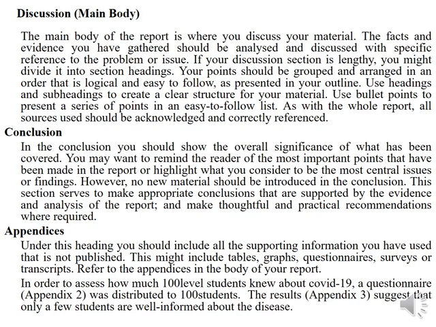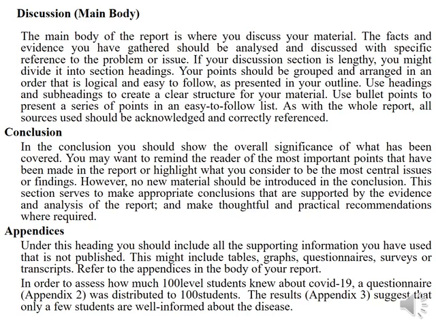In the conclusion, you should show the overall significance of what has been covered. You may want to remind the reader of the most important points that have been made in the report, or highlight what you consider to be the most central issues or findings.